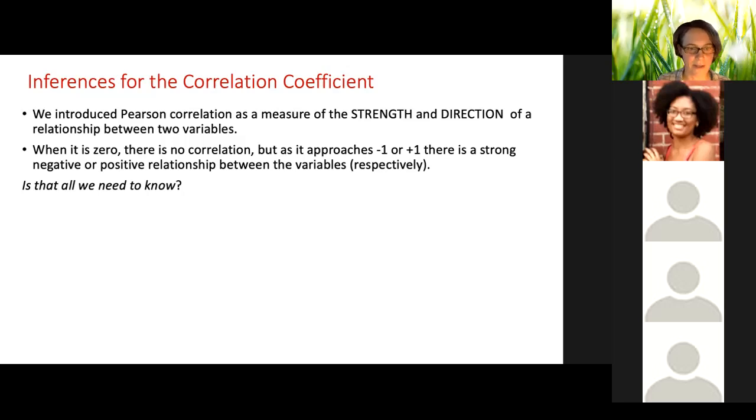Is that all I need to do? Am I done? And I say, fine, I've determined that the correlation between study time and exam score is not 0. Is that enough?